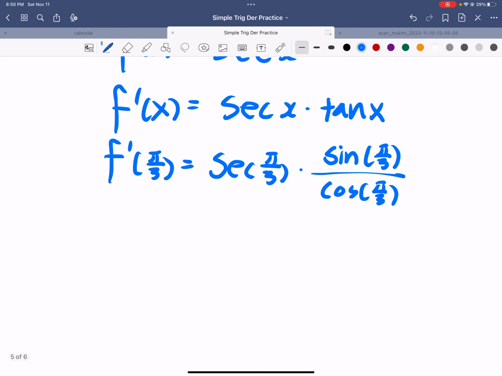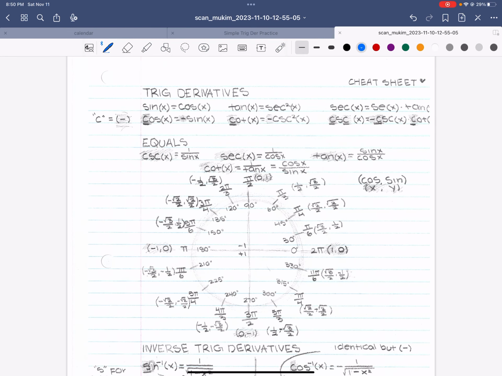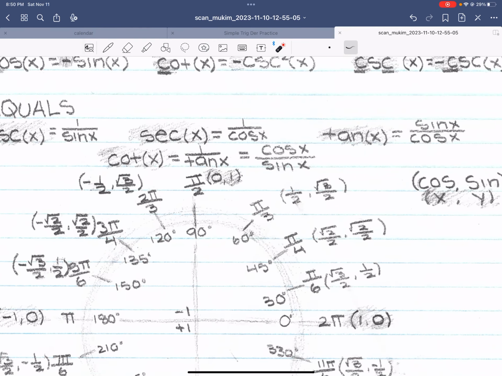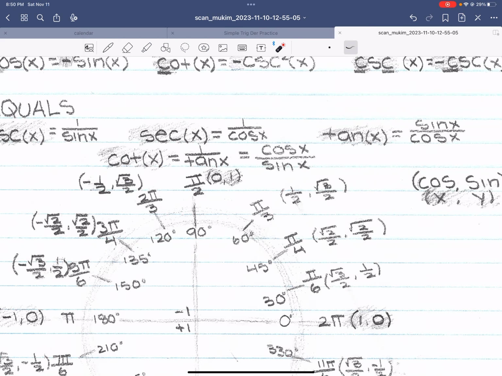Cosine pi over 3 is 1 over 2. But what I have is a secant. Secant means 1 over cosine, which means I gotta flip this. So instead of 1/2, if I flip it, I'm gonna get 2. So this is 2 times, and sine pi over 3 is square root of 3 over 2.